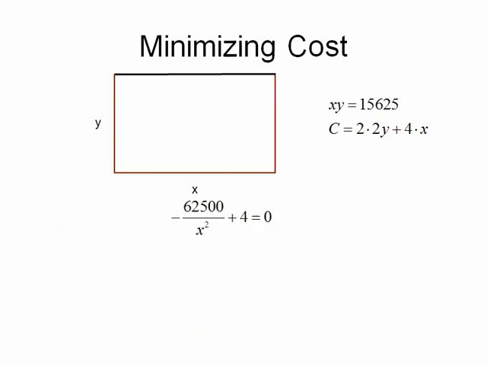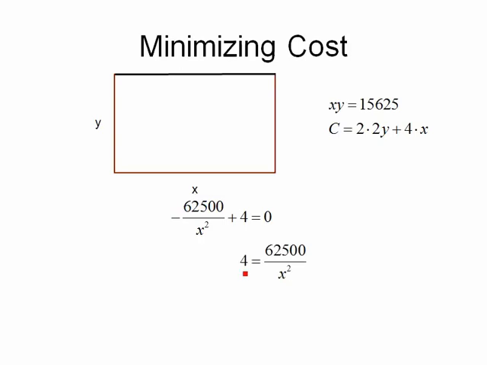To find the critical points, I need to set negative 62,500 over x squared plus 4 equal to 0. I'll also note that this is going to be undefined at x equals 0 because this fraction will make no sense there. But to go ahead and find the critical point, I'm going to move that negative 62,500 over x squared to the other side by adding 62,500 over x squared to both sides.